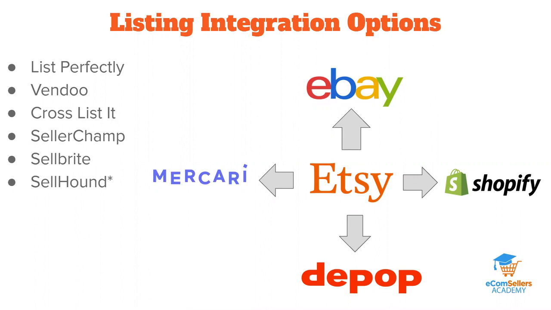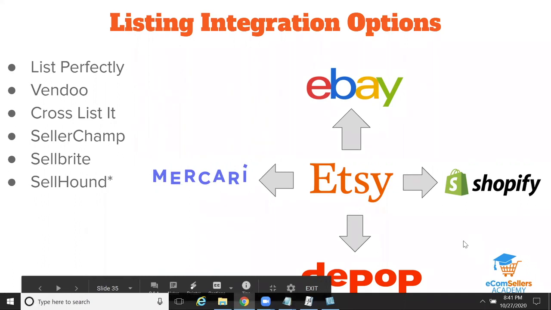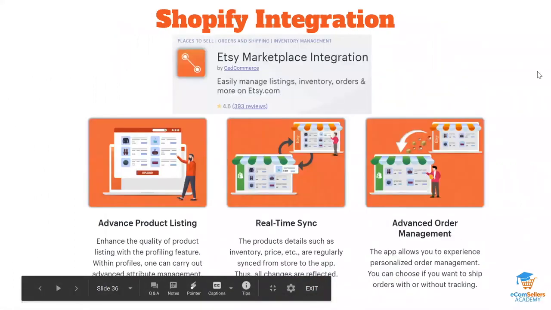There is a fee for that. I don't know the fee, but I know that a lot of people who sell clothes use Sellhound to get their listings better. Okay, I'm gonna have to check out Sellhound. I have not checked it out.